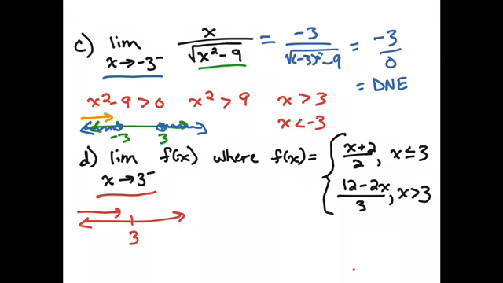So it's numbers less than 3. So I have to decide, do I need row 1 or row 2 of my piecewise function to evaluate? Row 1. So we're going to plug in a 3 to row 1.